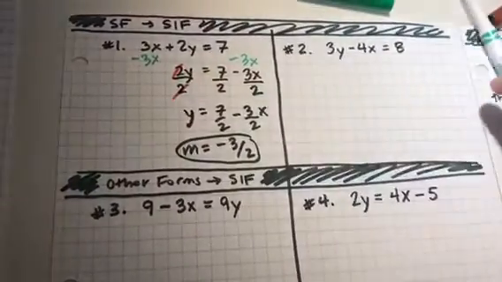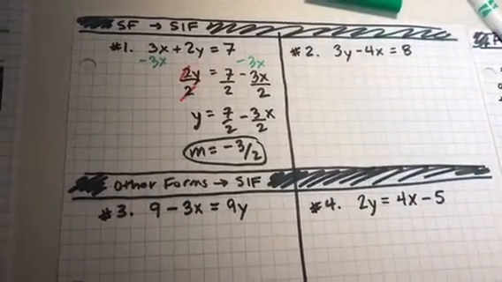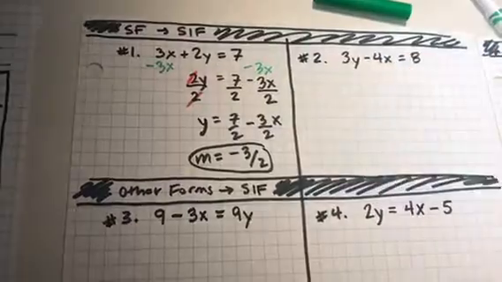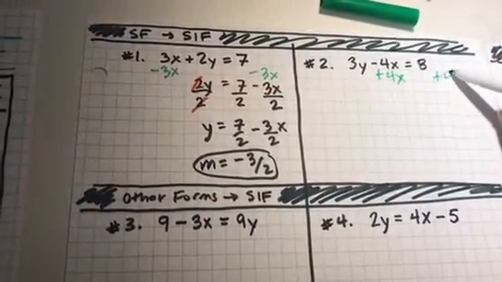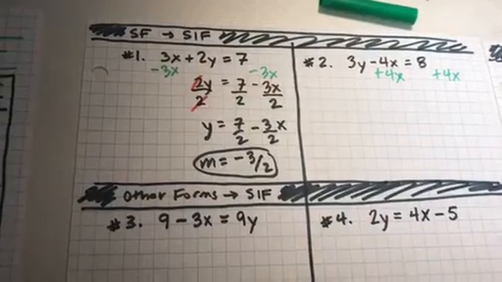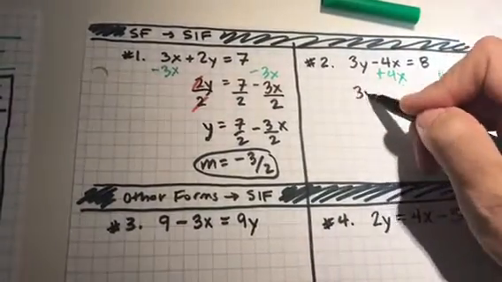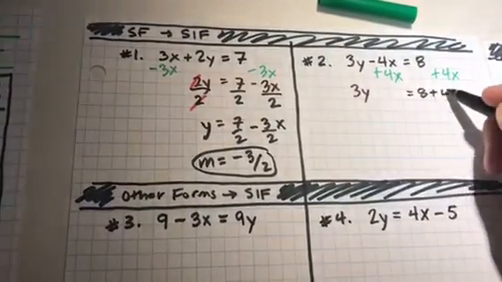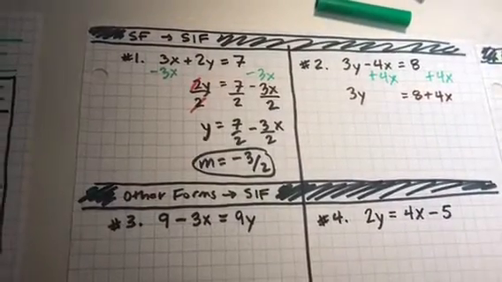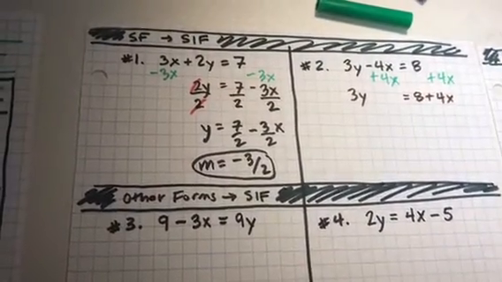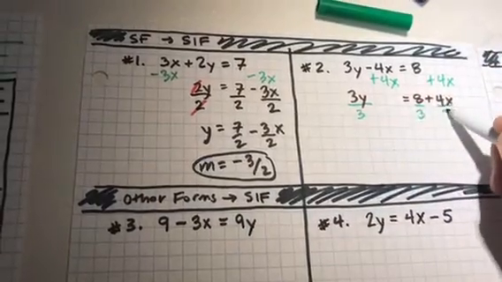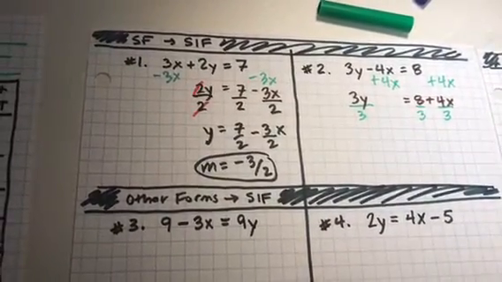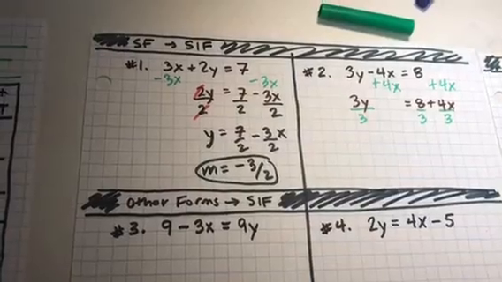Now it's flip-flop, but that's still standard form. I notice the 3 and the negative 4X are keeping Y from being by himself, so I'm going to add 4X on both sides and rewrite. And I noticed the 3 is keeping Y from being by himself, so I'm going to divide each by 3 and cancel those.